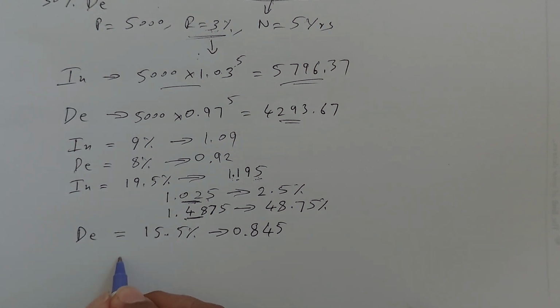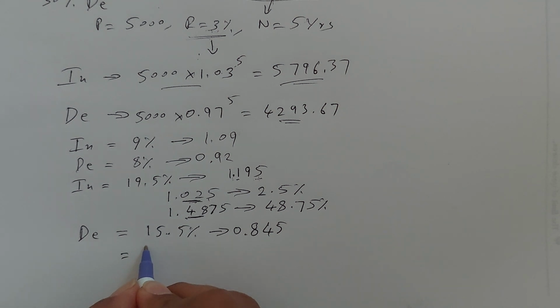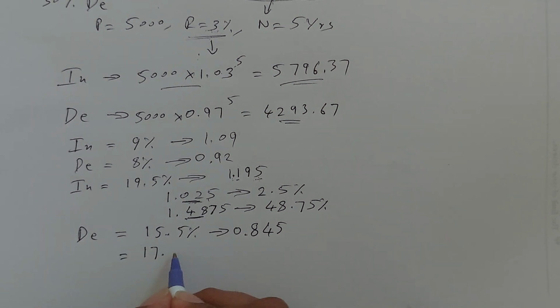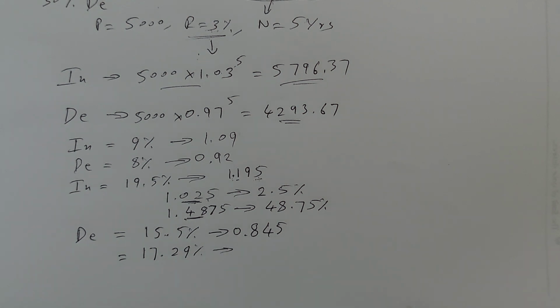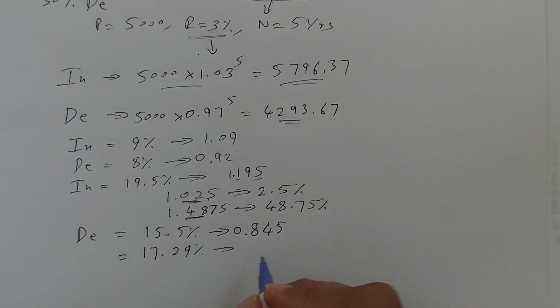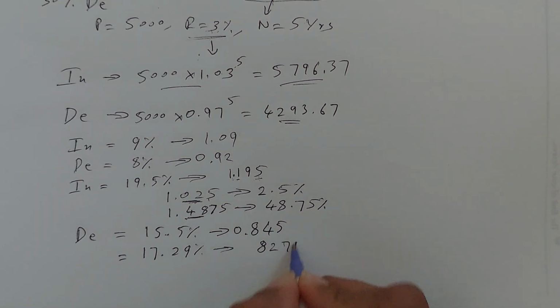Okay, let's do one more. If I say, can you decrease by 17.29%? In your mind or on your calculator, anywhere, you do 100 take away 17.29. So that will become 8271.